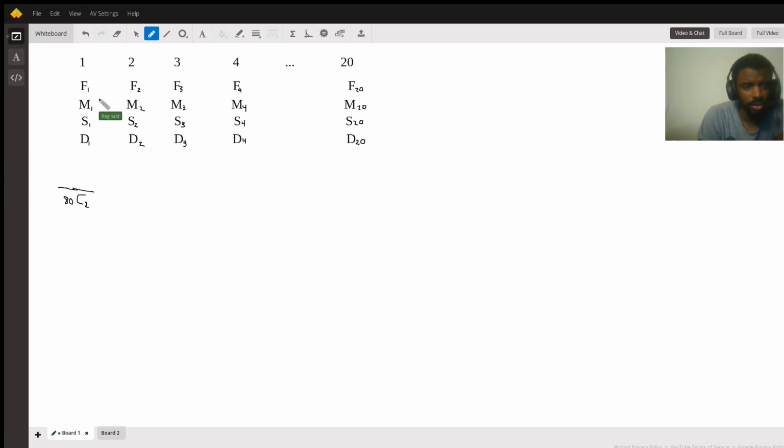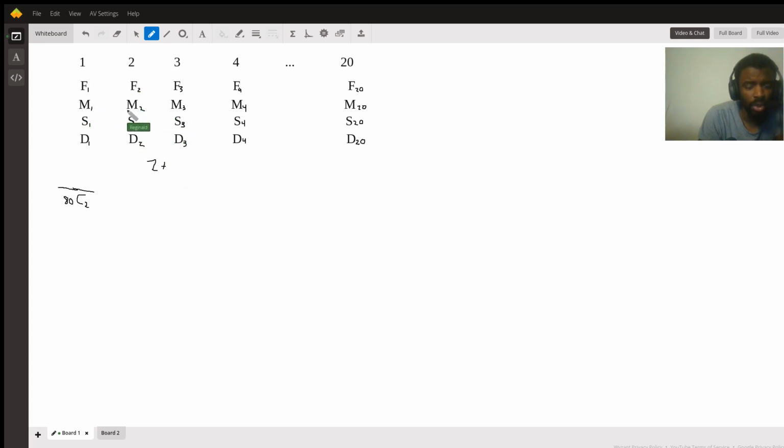So let's see if we can generate some kind of pattern. This mother can go with the father, it can go with the son, but not the daughter. This mother can go with this daughter or say D2 or D3, but it can't go with D1. So let's count it. We have one, two, so that's two, plus five, six, seven, eight, 9, 10, 11, 12.